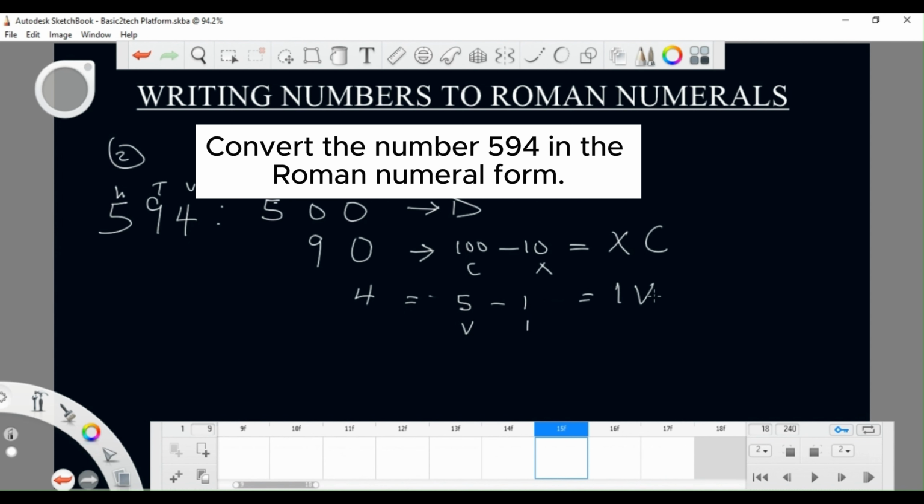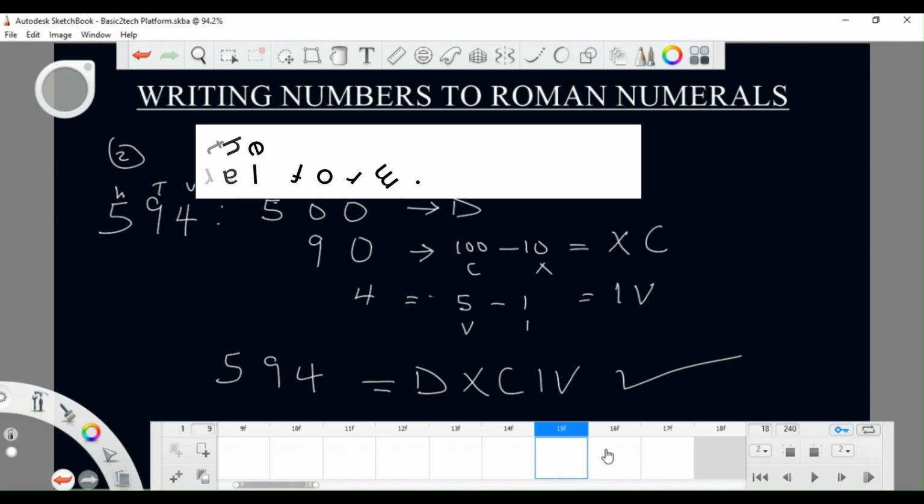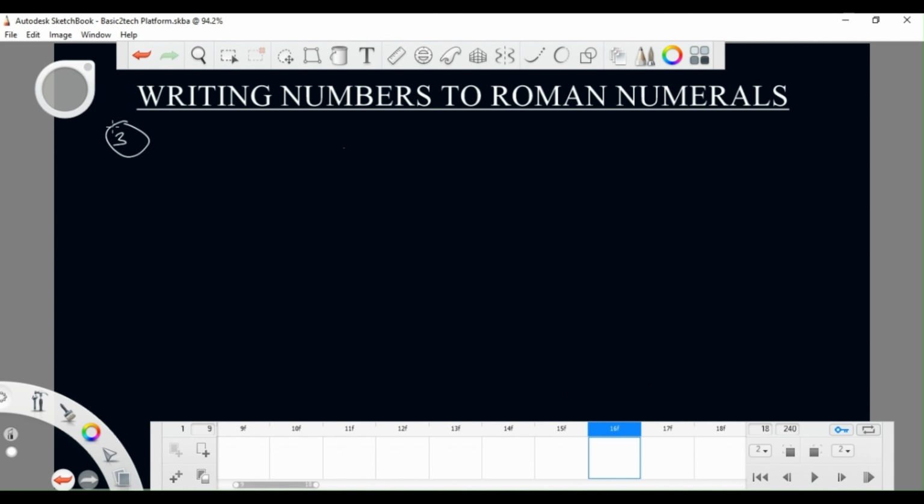So 4 is IV. Therefore 594 is equal to DXCIV. That is the value for 594.